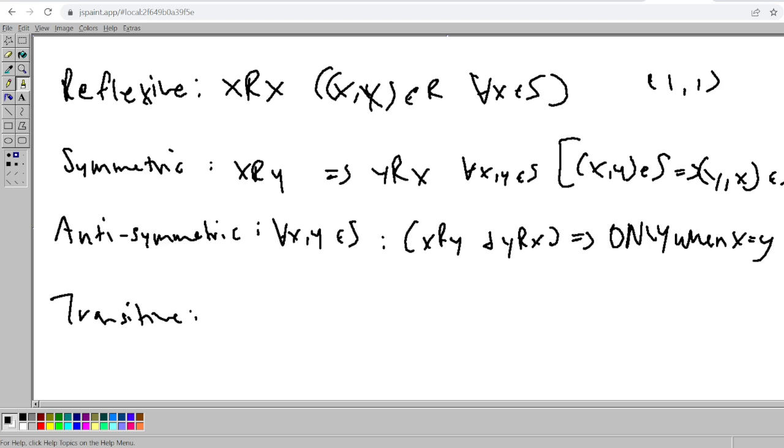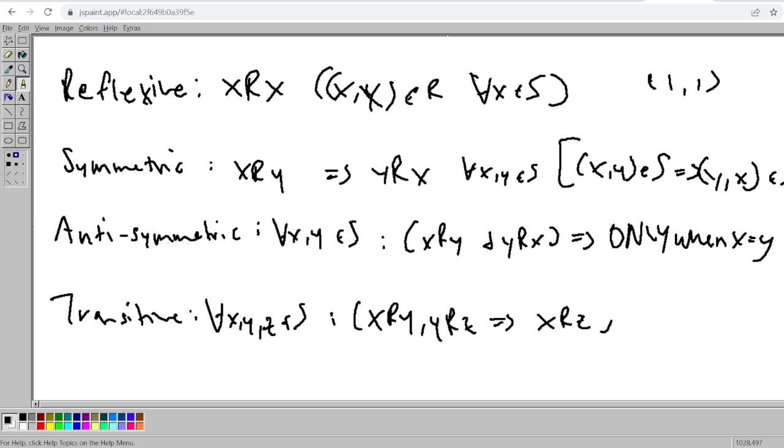So again, 1, 1 is reflexive, and 1, 1 is anti-symmetric, or symmetric, basically because x, y and y, x are there as well, and then it's also x equals y. And then transitive, we have for all x, y, and z in S, we can say that x relates to y, y relates to z, implies x relates to z.